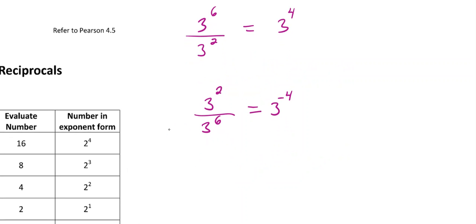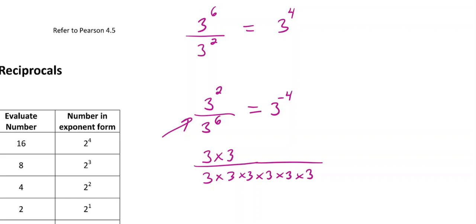If I look back at this one, remember how this worked? 3 squared could be written as 3 times 3, and 3 to the power of 6 would be 3 times 3 times 3 times 3 times 3 times 3, 6 of them. Look what happens here. Those 3's would cancel with those 3's, and on the bottom we've got four 3's left.